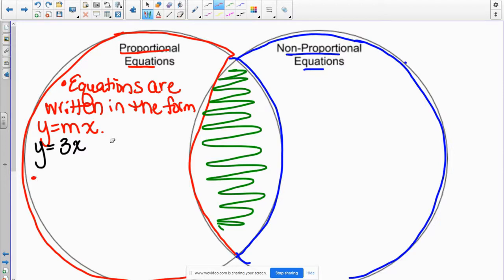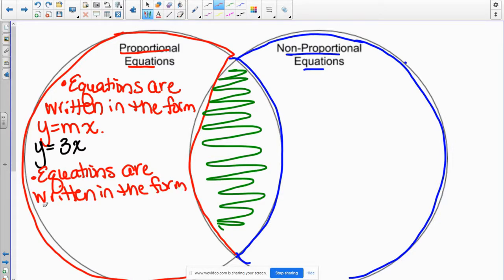Equations are written in the form of y equals mx, but they can also be written in the form of y equals mx plus b, where b is 0. So we'll just write that down. Equations are written in the form y equals mx plus b, where b is 0.